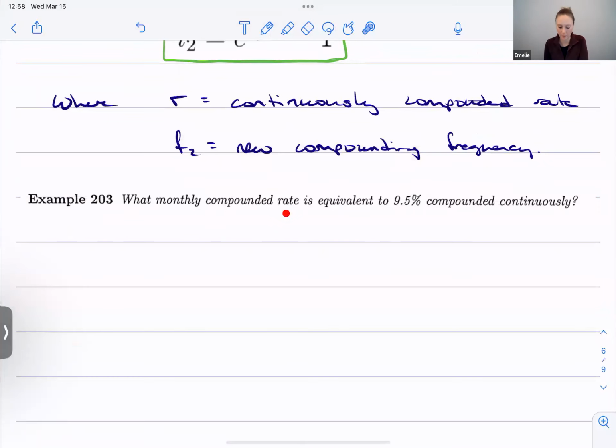What monthly compounded rate is equivalent to 9.5% compounded continuously? So here we're saying F2 is 12, and F1 is continuous.